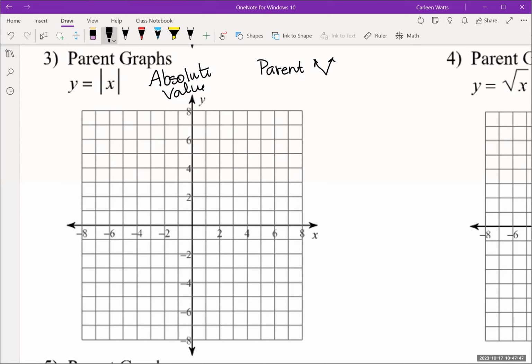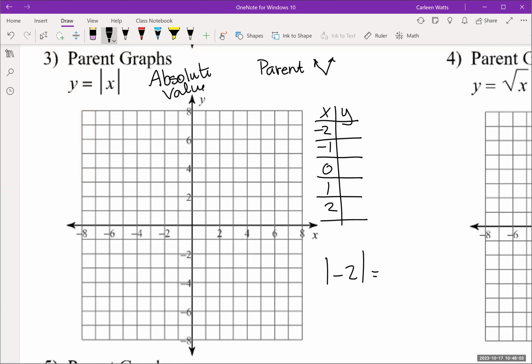So let's make a table. -2, -1, 0, 1, and 2. So absolute value of -2.